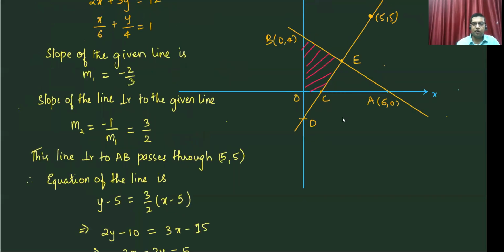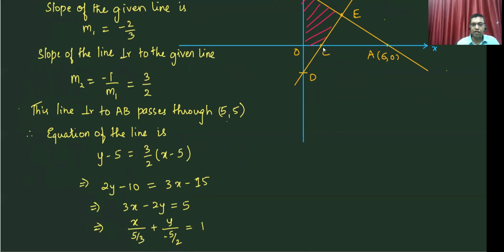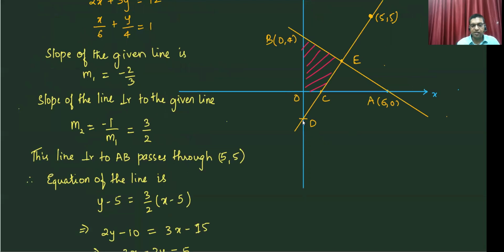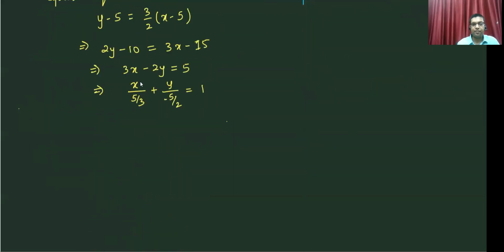Other way to do it is, if you want to find where it cuts the x-axis, put y equal to 0. You will get x as 5 by 3. If you want to know where it cuts the y-axis, put x as 0. You will get y is equal to minus 5 upon 2. So, therefore, we get C 5 by 3, 0 and D 0, minus 5 by 2.